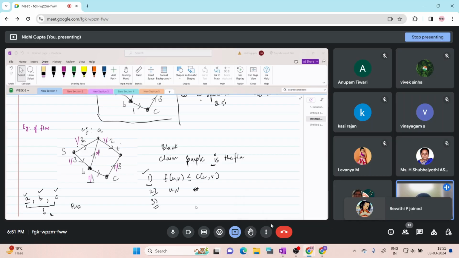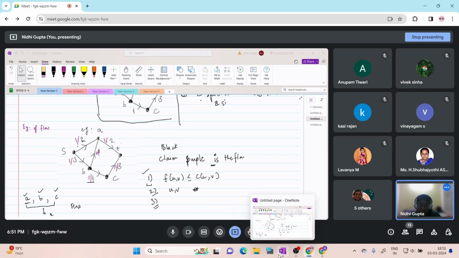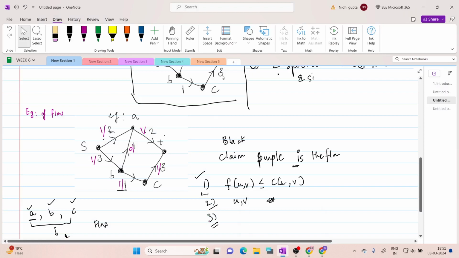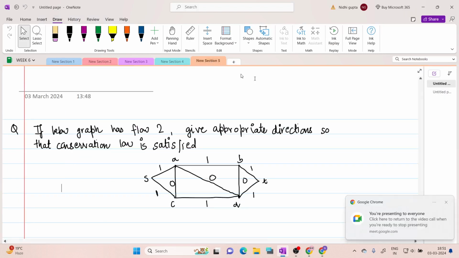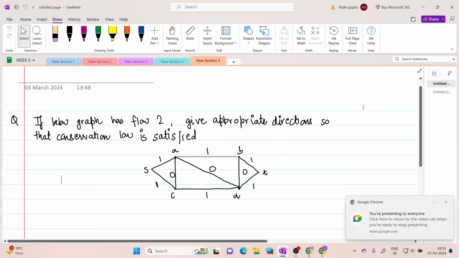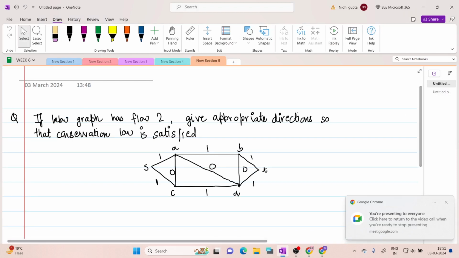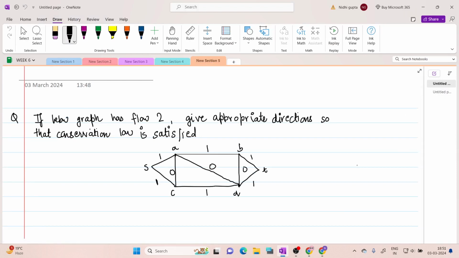So does everyone understand the definition of flow? Okay. If you understand the definition of flow, now this is the question. In this question, you are given a graph, and this has flow.